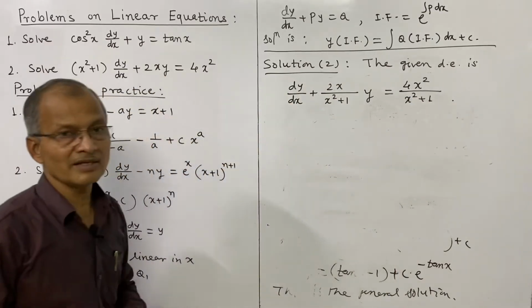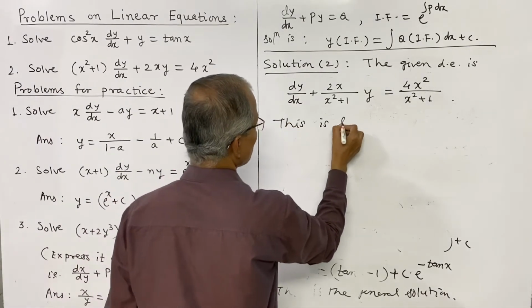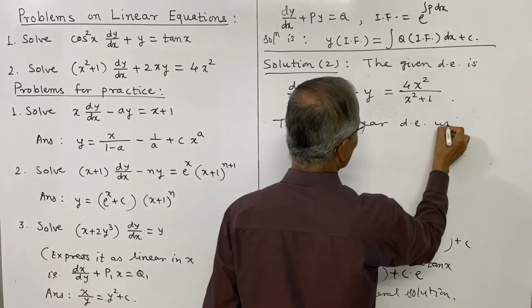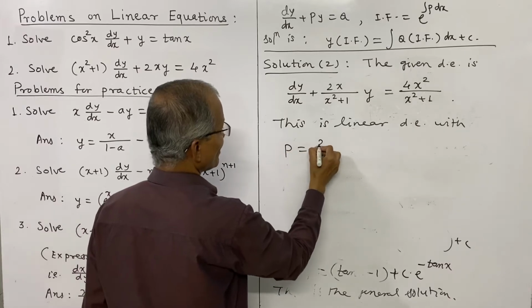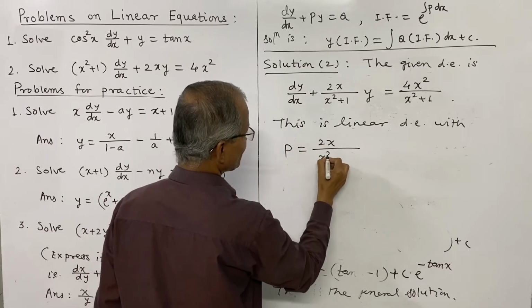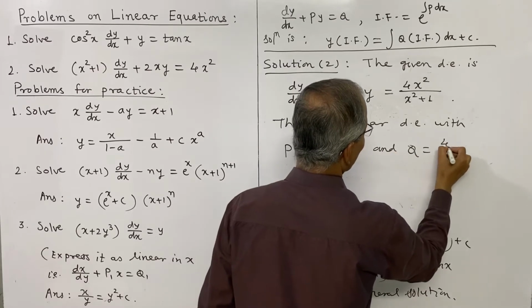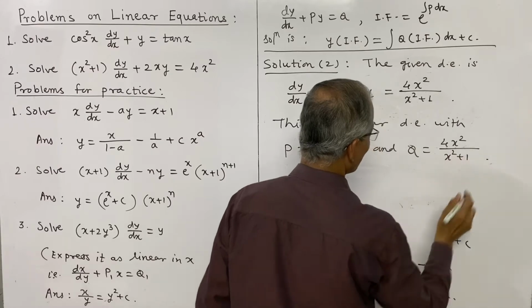and thus this is a linear differential equation. What is the value of p? This is the value of p. P is equal to 2x divided by x square plus 1, and q is 4x square divided by x square plus 1.